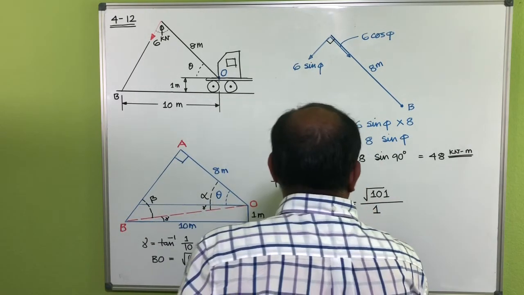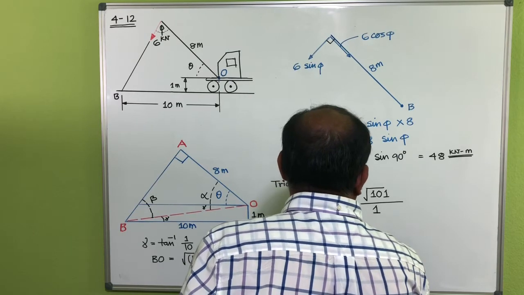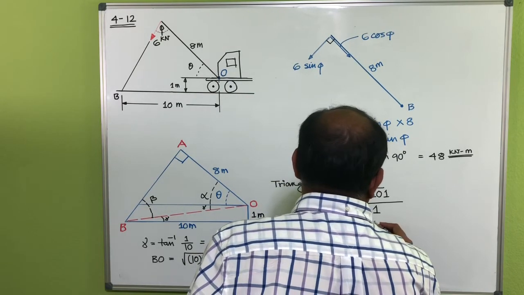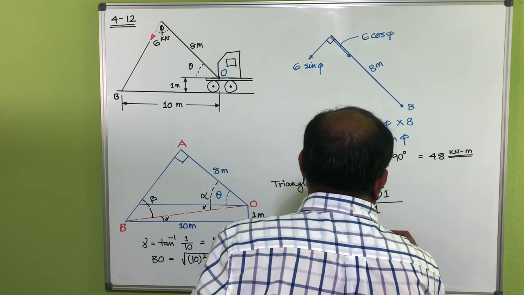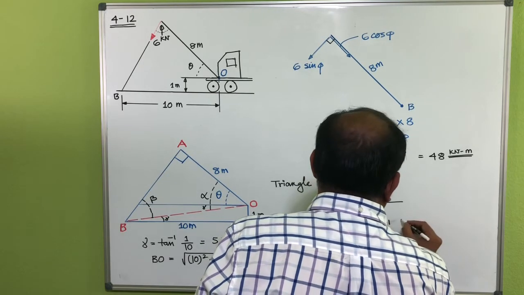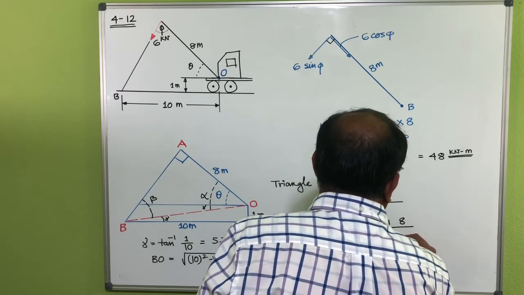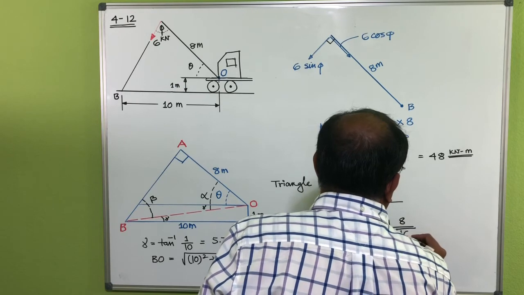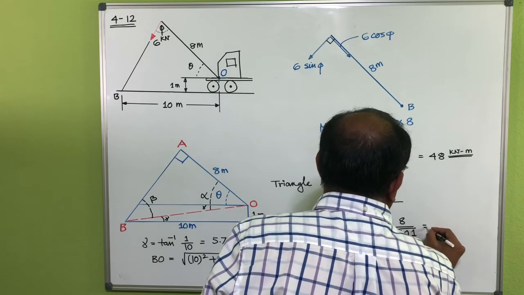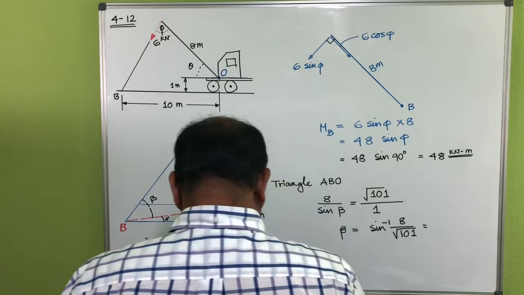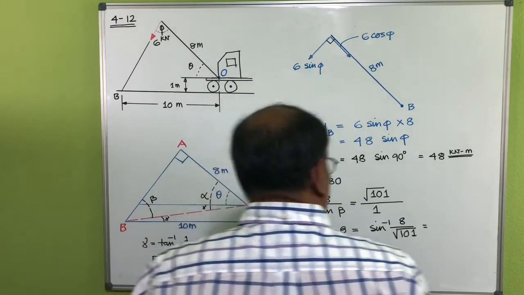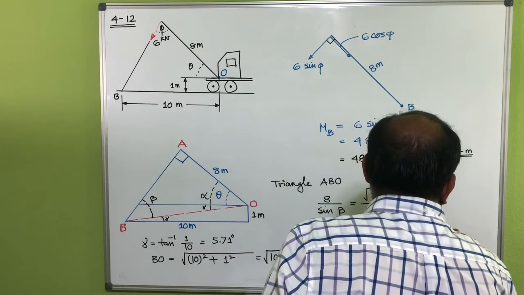So if I solve for beta, that would be basically sine inverse of 8 divided by root 101. That's actually 52.75 degree.